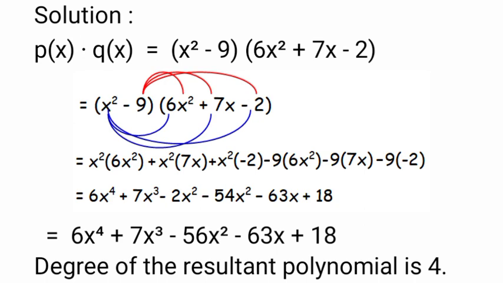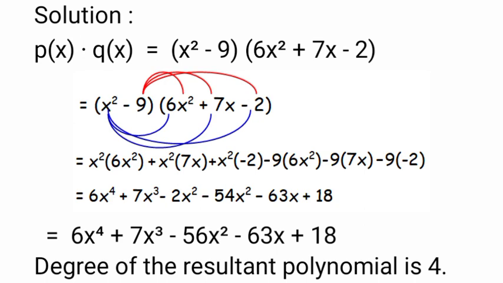We add the power, therefore 2 plus 2 is 4, that equal to 6x power 4 plus 7x into x square into x, that is power 1, therefore 2 plus 1 is 3, plus 7x cube plus into minus 2x square minus 9 6s are 54x square minus 9 into 7 63x minus into minus plus 18.